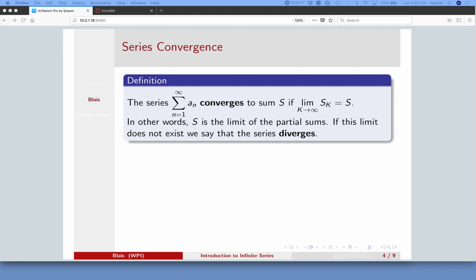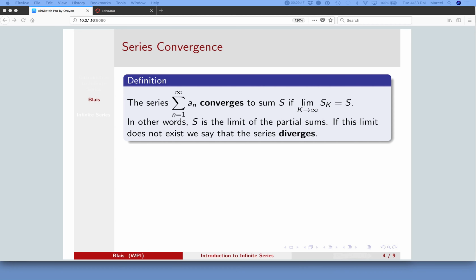It's important to take a pause and note that the definition for convergence of a series involves convergence of a sequence. So this is a good point to sit back and review the information about sequences and convergence of sequences, because you really want to make sure that you understand what it means for a sequence to converge as we move into the idea of a series converging.